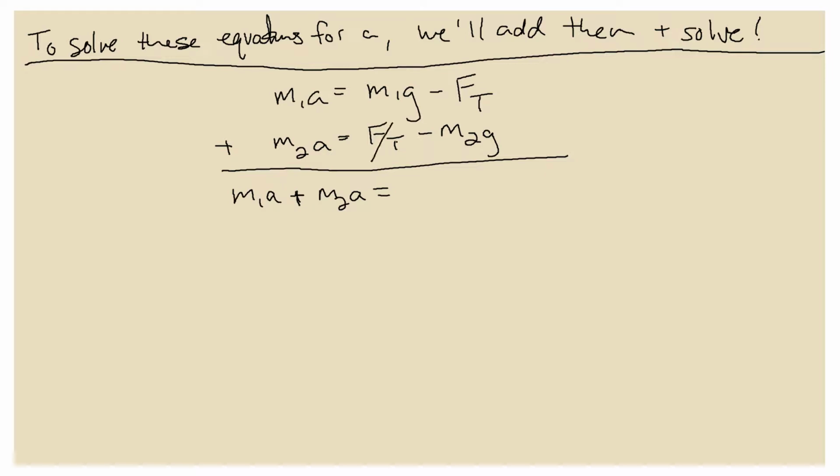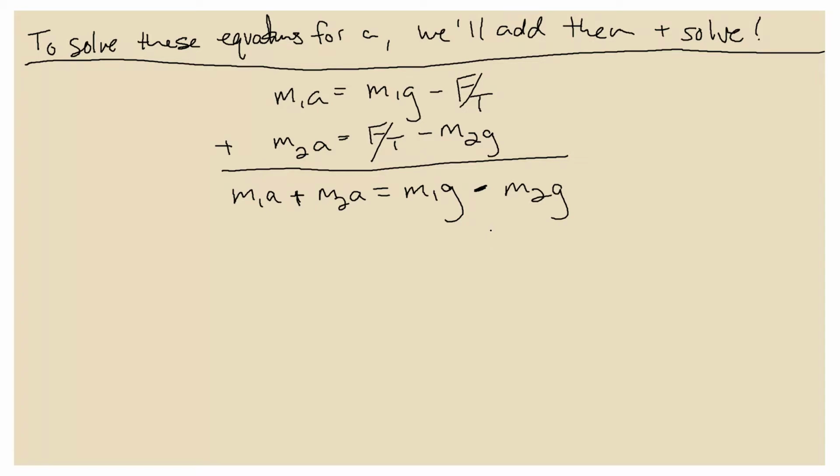They cancel. Bingo. We don't have to write FT minus FT because you know that's going to cancel anyway. So now we look here and you see that one's positive, so let's write that first: M1G. And then that one has a minus sign in front of it, so we're going to say minus M2G. Cool. And we want to solve this for A.